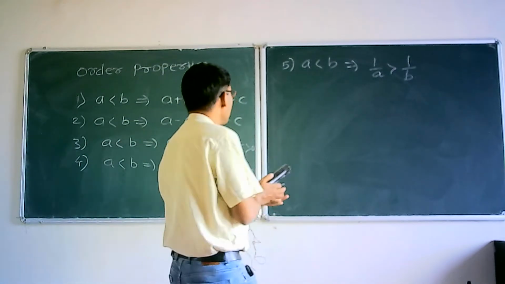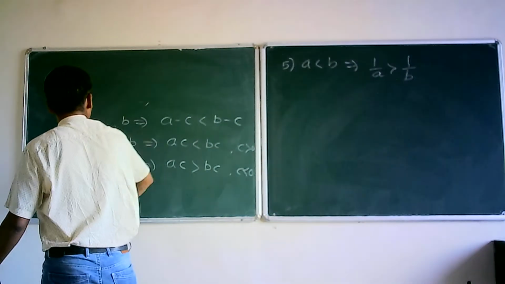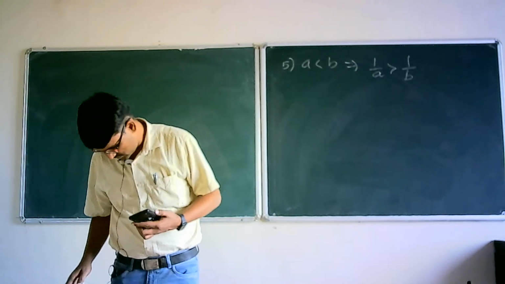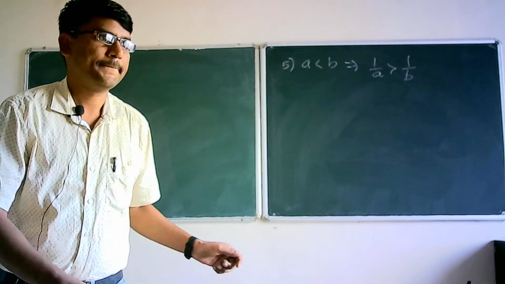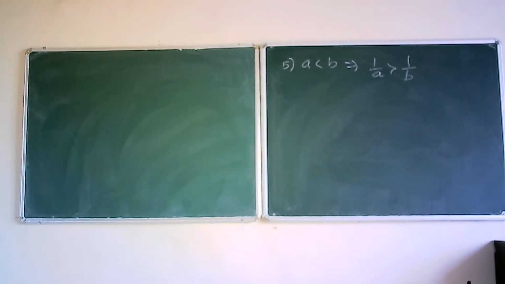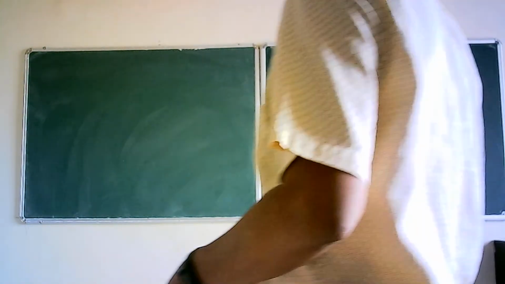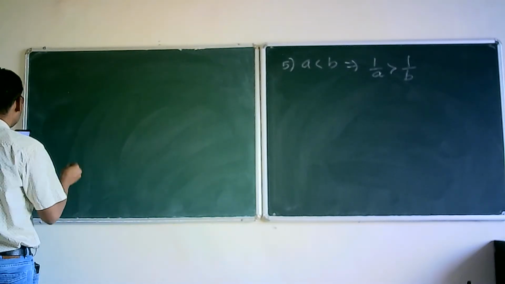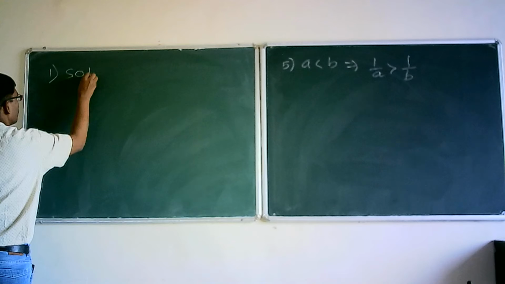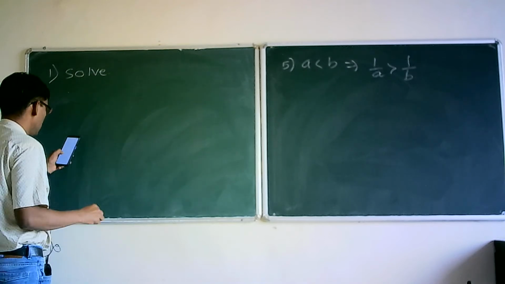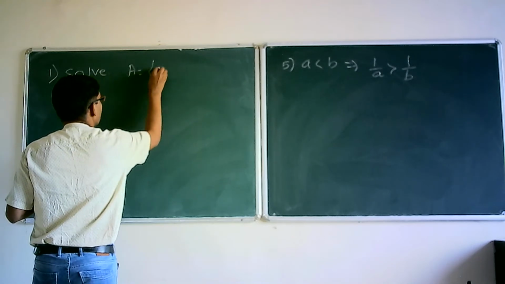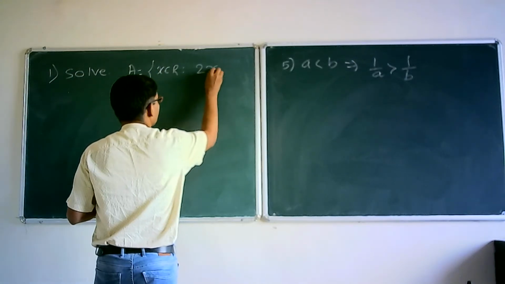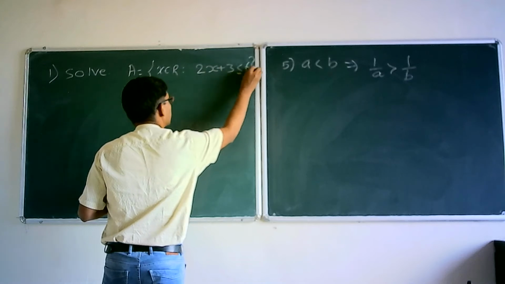For example, solve A = {x belongs to R such that 2x + 3 ≤ 6}.